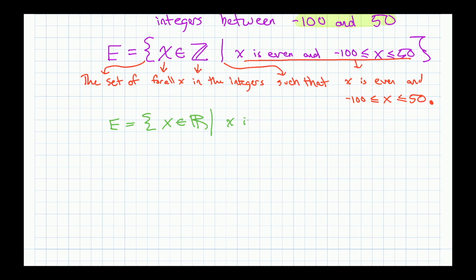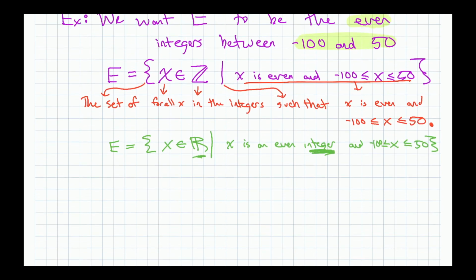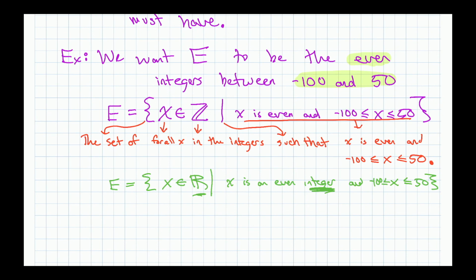I could say x is an even integer and x is less than negative 150 again, right? So I put the integer over here instead of over here. Whatever, it doesn't matter. I'm still saying the same thing because I still got the fact that it's an integer in somewhere. That's fine. Okay. So yeah. And that is set builder notation.